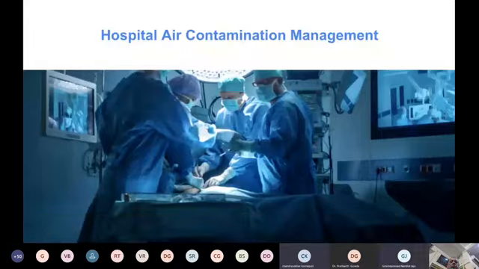Am I audible to you, sir? Yes, you are audible. Slides are also visible. Please go ahead. Sir, Raghavendra here from Wintech team, Bangalore. Please start the session.